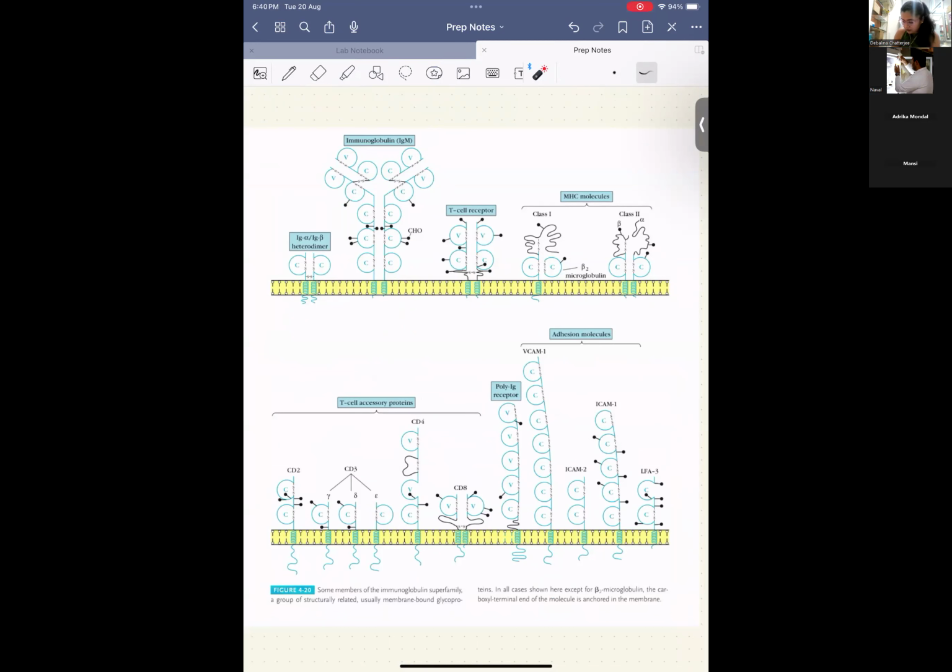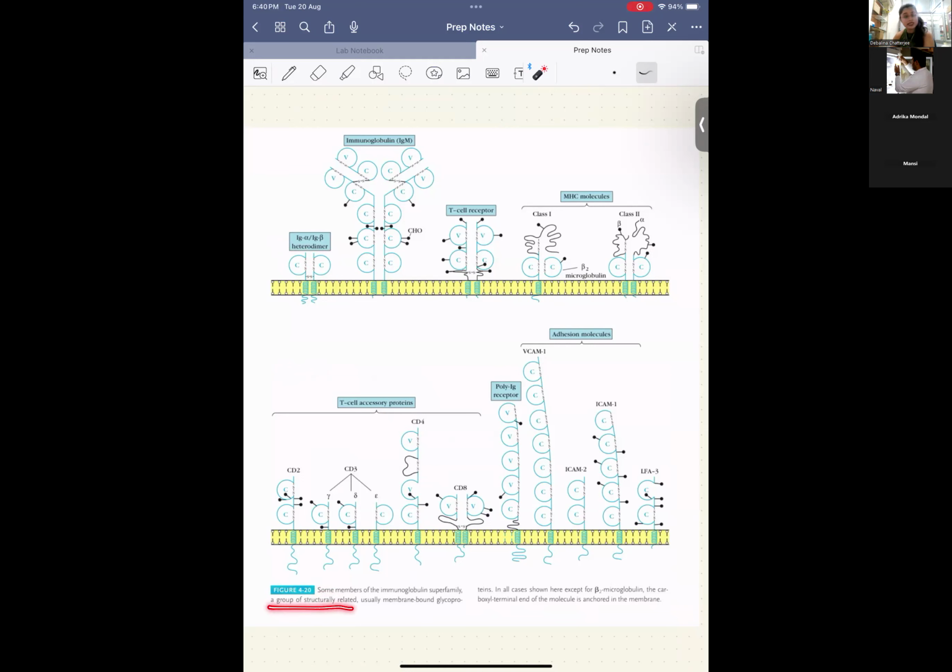So if you look here, your Ig alpha beta, they also have this. If you look at the entire picture, almost all the different receptors, accessory proteins, and adhesion molecules present on these cells are of similar make, and they are all members of the immunoglobulin superfamily.